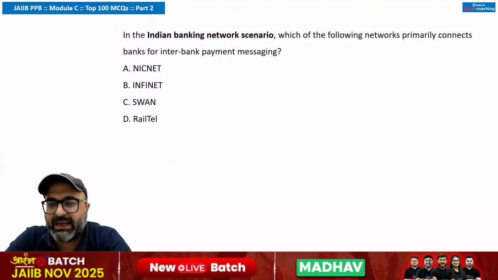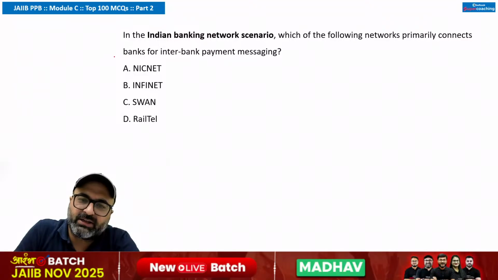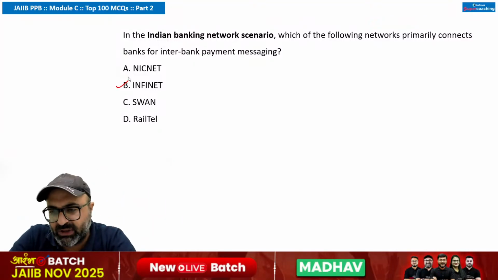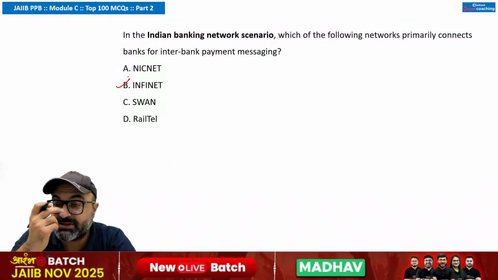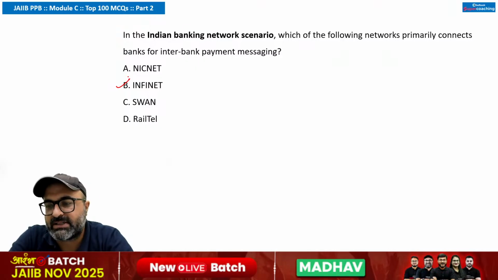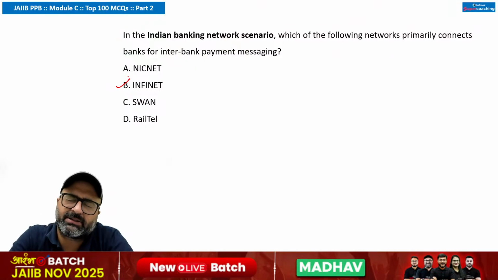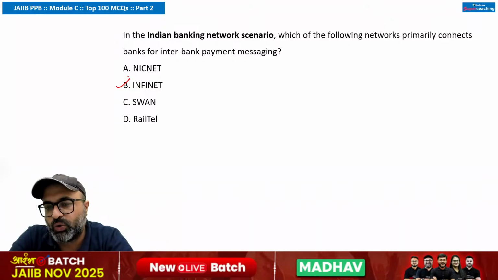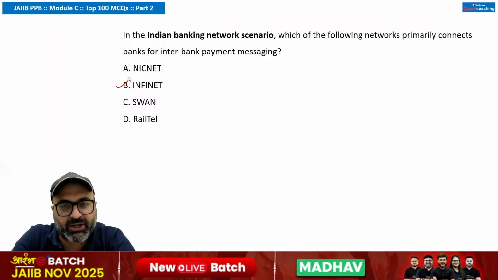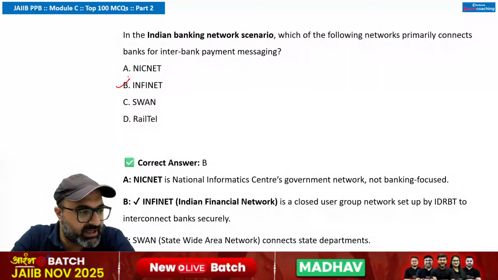Then we have SWAN, this is state-wide network. Then we have RailTel, this is a telecom infra provided not specifically for interbank data. Lastly, we have Infinet, this is Indian Financial Network. It is a closed user group network set up by IDRBT to interconnect banks securely. So this is correct. B option is the correct answer.